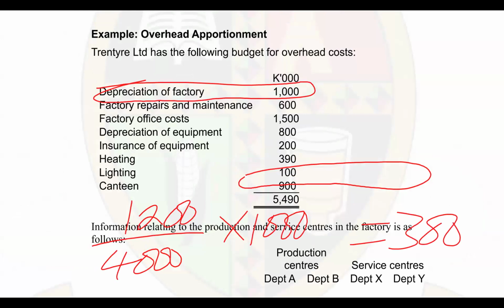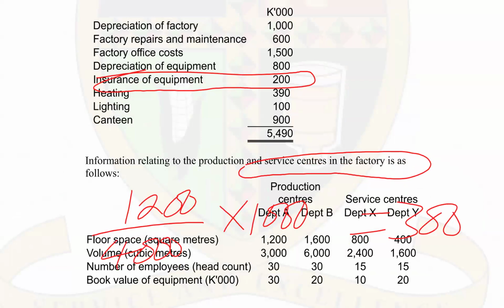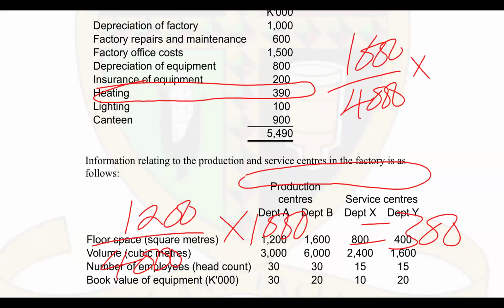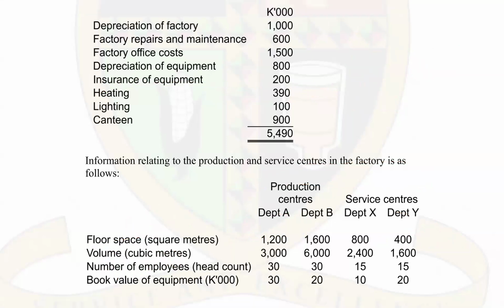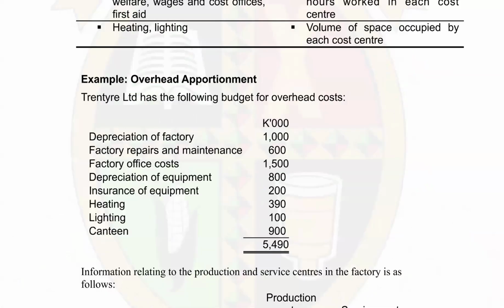When you want to do department B, you say 1,600 divided by 4,000 multiplied by 1,000 as well. That should give you another amount. Any question? There is nothing much that you should panic about. The only message we are sending here is that the overheads need to be apportioned using the correct basis of apportionment. That is the message to take home.